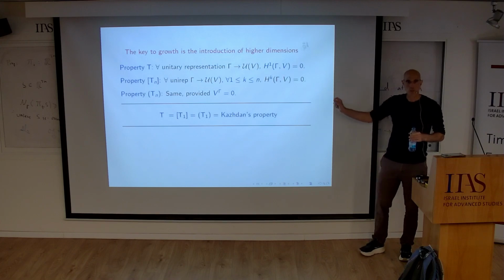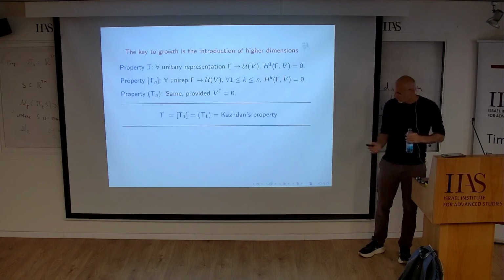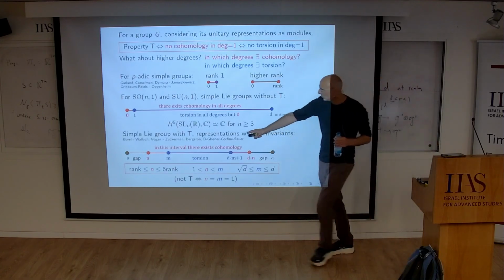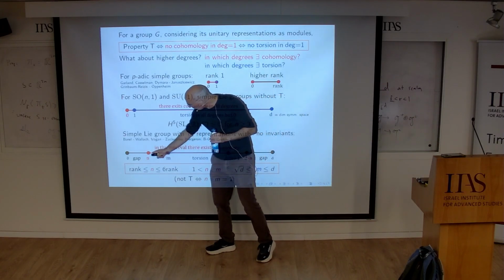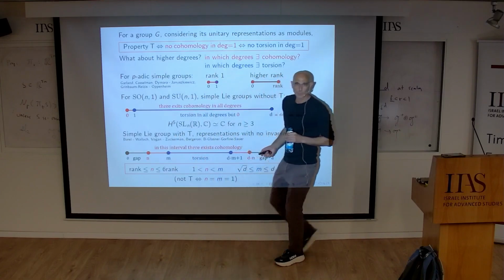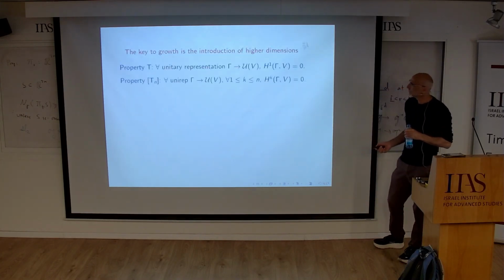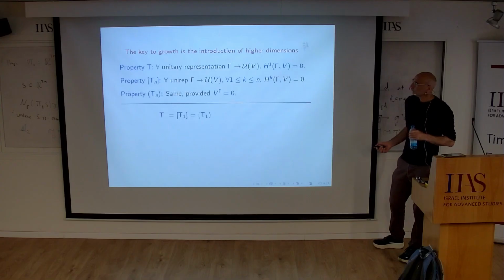As you have seen in the previous slide, there is a range where you do have vanishing of torsion, but you don't have vanishing of non-torsion homology in general. I mean, in any case, they are not equivalent. The torsion is something else, which now I'm not focusing on for a minute.